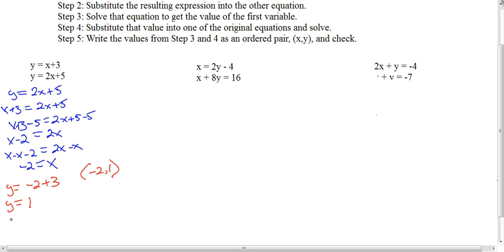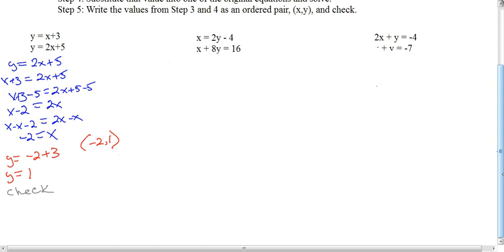So check, we will take either one of our equations. So let's take y equals x plus 3. So y is 1. 1 is equal to a negative 2 plus 3. 1 is equal to negative 2 plus 3, which is 1. So it does check. So apparently negative 2 and 1 satisfy that system.